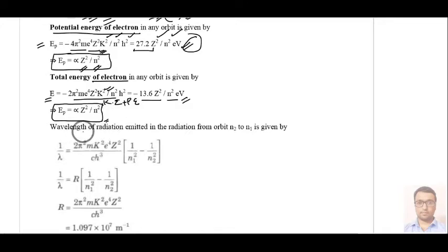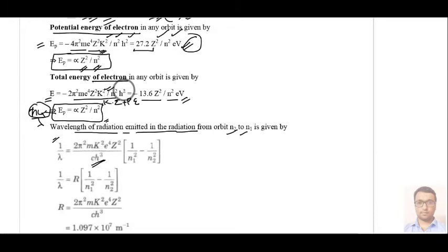Now the second thing is how to calculate the wavelength of emitted radiation from n2 to n1. For wavelength also we have an expression, and we can write this expression as hc upon lambda. That hc portion will go to the denominator part here, so we have mentioned it by hc.